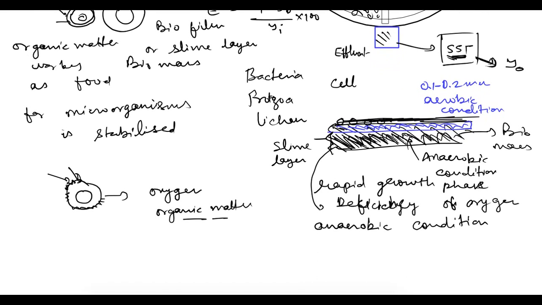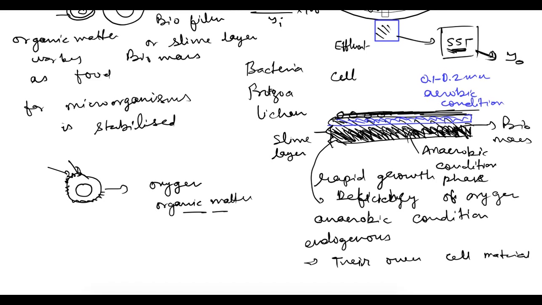The bacteria in the lower part of the slime layer are not getting organic matter or oxygen, so for their own existence they enter the endogenous phase, that is they use their own cell material. So they do not last for very long.